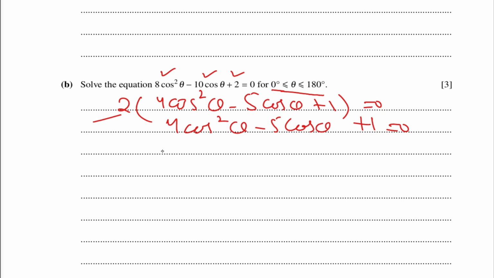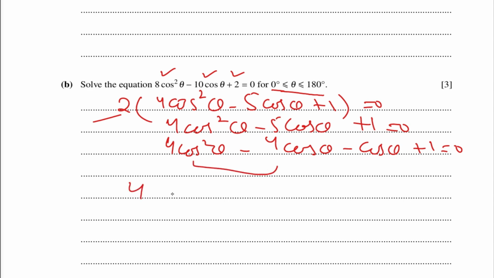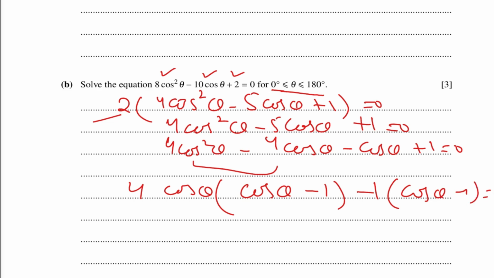We will factorize it and we will have 4 cos squared theta minus 4 cos theta minus cos theta plus 1 equals 0. So the middle term is broken down and now we will take common from here, 4 cos theta minus 1, minus 1 times cos theta minus 1 equals 0.